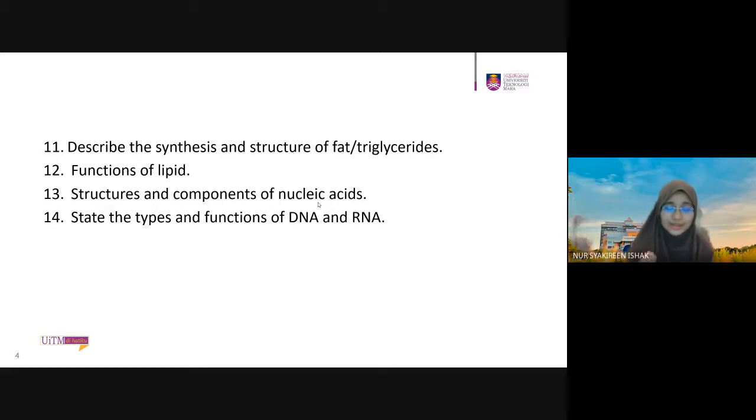So the synthesis of this protein occurs in the cytoplasm. So how can the instruction from the nucleus, from that many DNA molecules, where you have a gene that codes for the synthesis of insulin, be used to synthesize insulin within the cytoplasm?